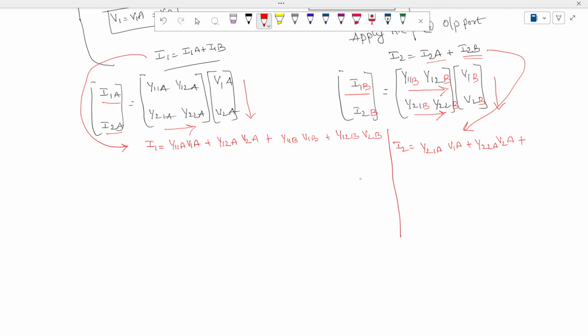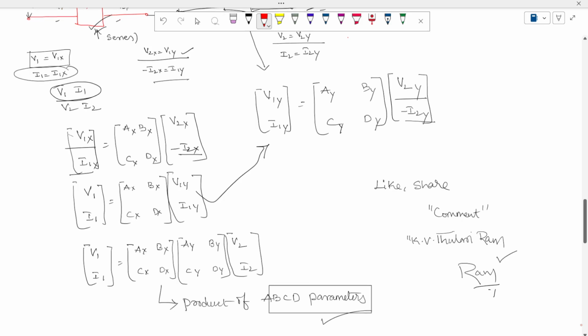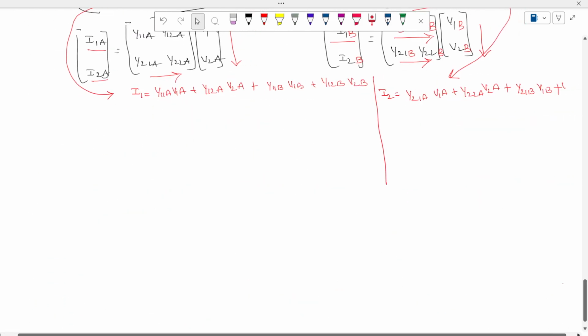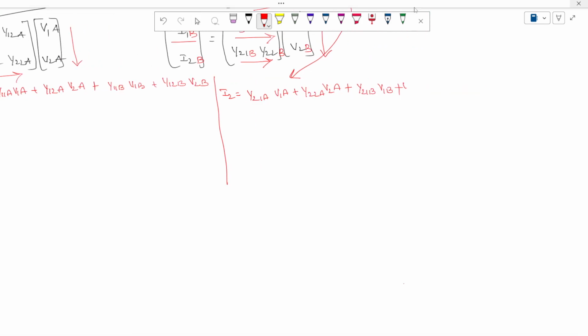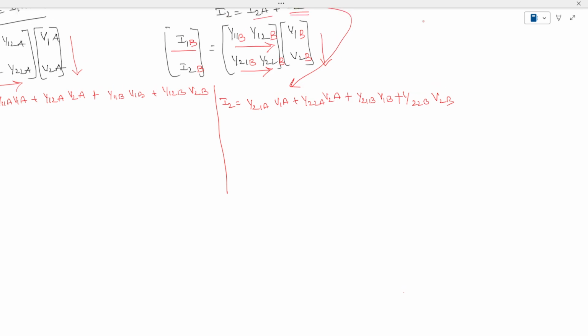I2B you can write as row multiplied with the column, so Y21B V1B plus Y22B into V2B.